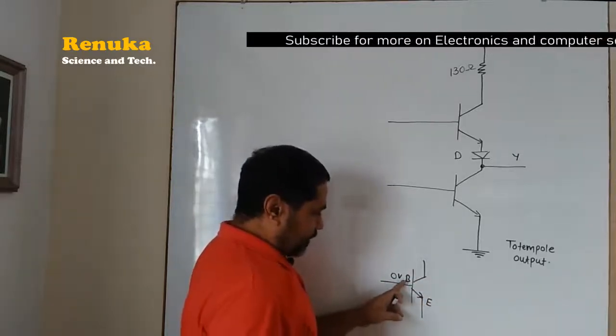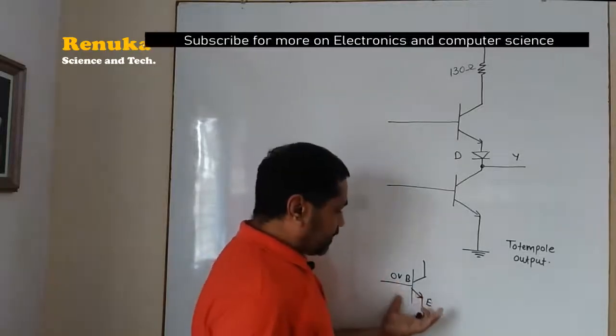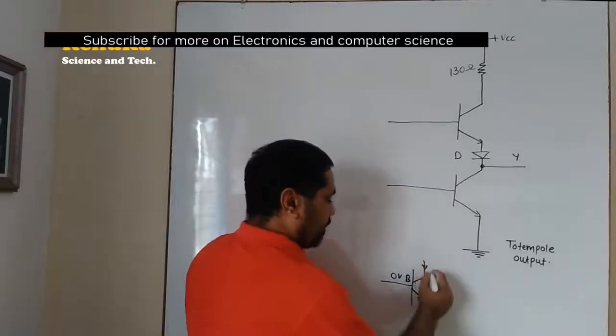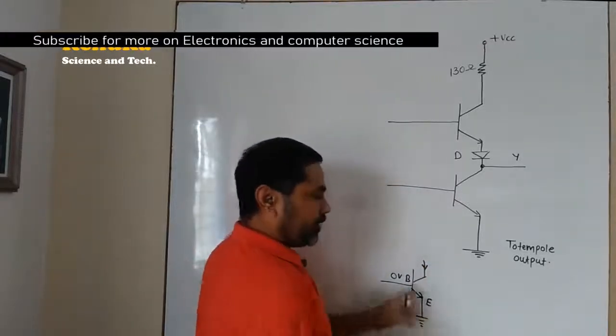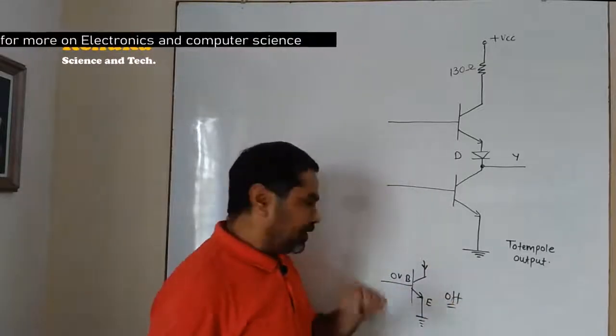So the base to emitter diode will be off. If this diode is off, then no current will flow from the collector towards the emitter, and we will say that this transistor will be off. This is the first condition.